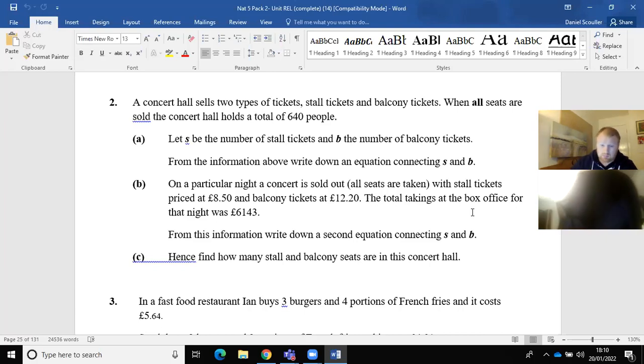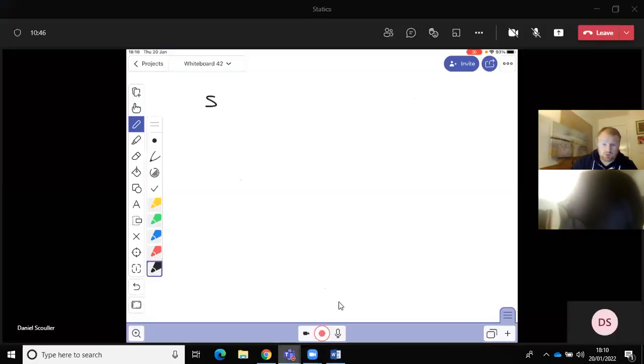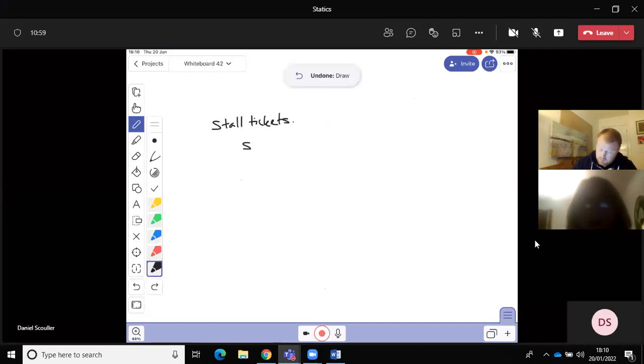So I've stall tickets. I'm going to assign the letter S to that. And then we've got balcony tickets.